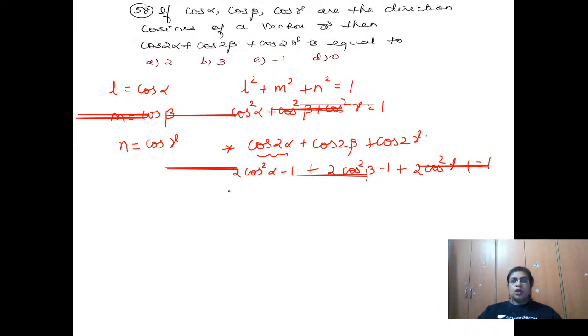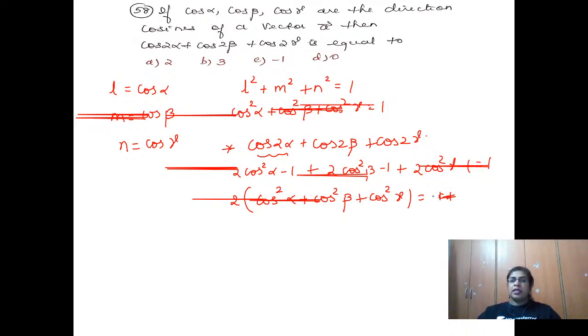Now take 2 out from cos square alpha, cos square beta, cos square gamma. Inside the bracket you get cos square alpha plus cos square beta plus cos square gamma, and this is equal to minus 1 minus 1 minus 1, shifted to the other side.